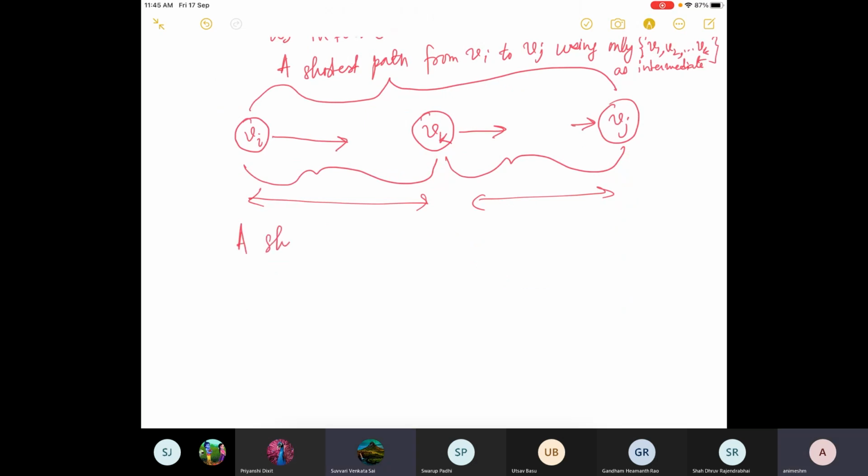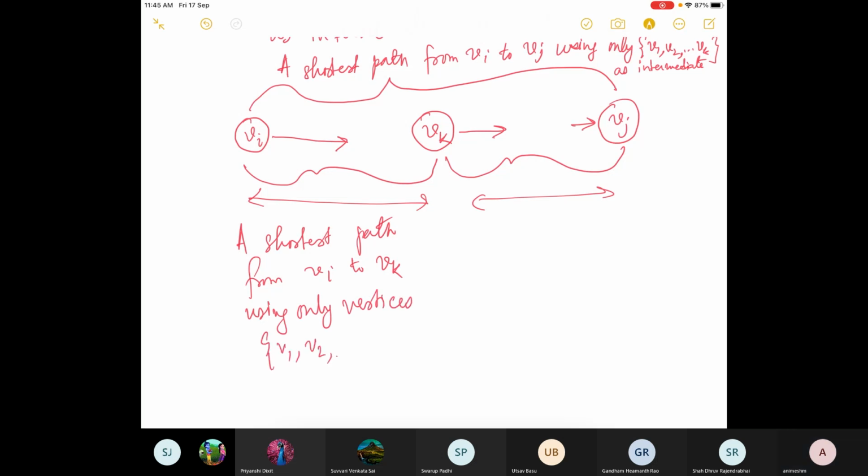Our shortest path from Vi to Vk, using only vertices up to k minus 1, and another shortest path from Vk to Vj using only vertices up to k minus 1.